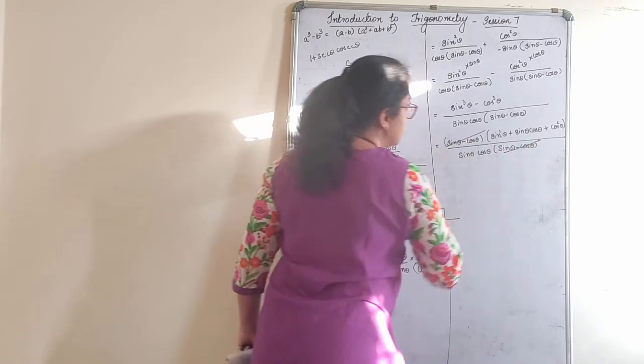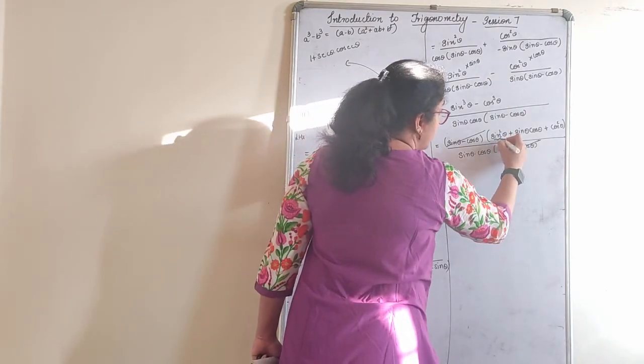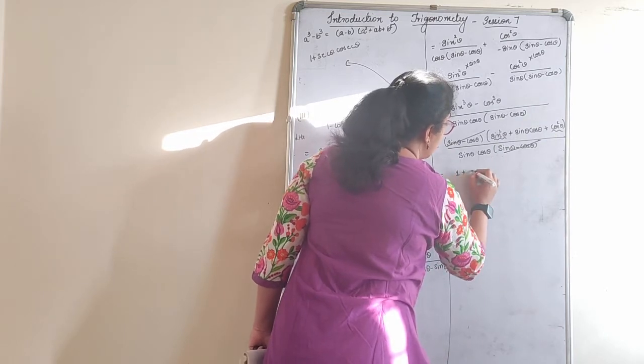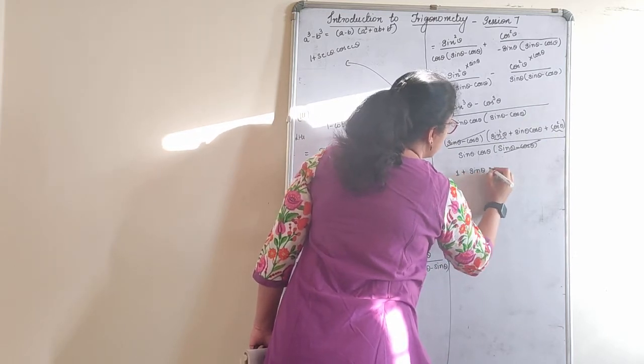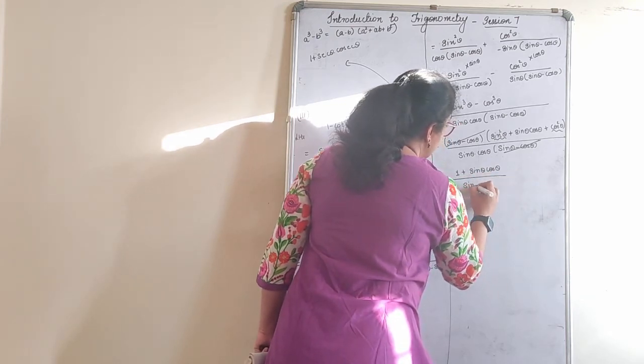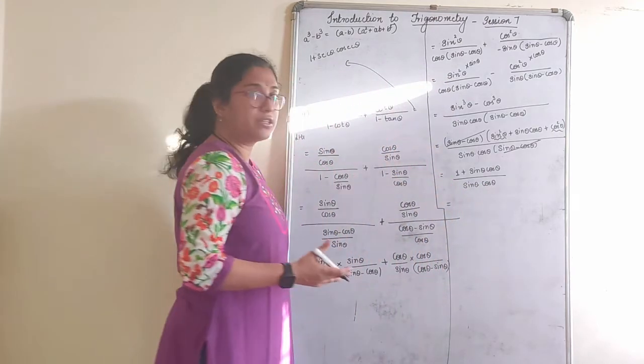Cancel this, it is into, so we can cancel. Sine square and cos square is 1, plus sine theta cos theta, divided by sine theta into cos theta. We arrived at it, but we don't know further what to do.